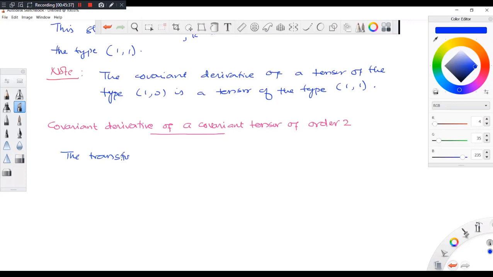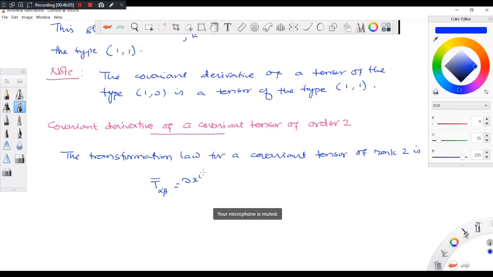T bar alpha beta is equal to del x i by del x bar alpha, del x j by del x bar beta, T ij. Okay, this all of you know. So this is the transformation law.